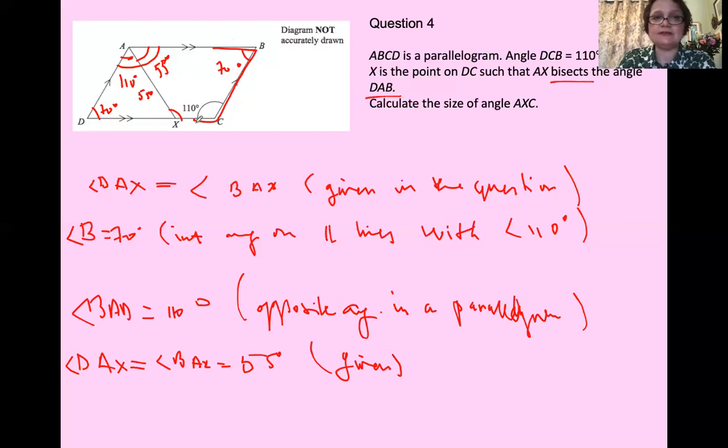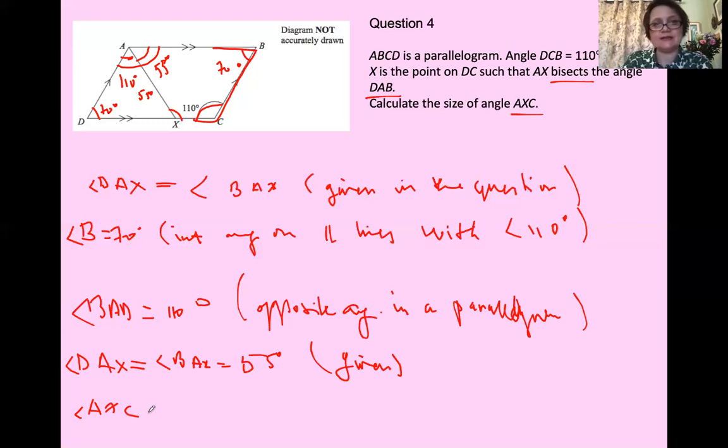This angle here is 70. This angle here is 110. How about this angle here, AXC? This is what we need to find out. We know that the interior angles in a quadrilateral add up to 360 degrees. So let's add them together.